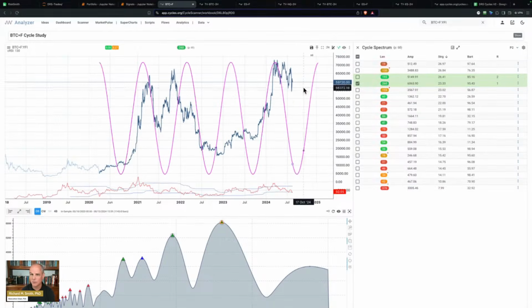Still 260. And we're definitely moving into the area of a bottom. I'd say we're within the range where we could see a bottom here, but not quite there yet.